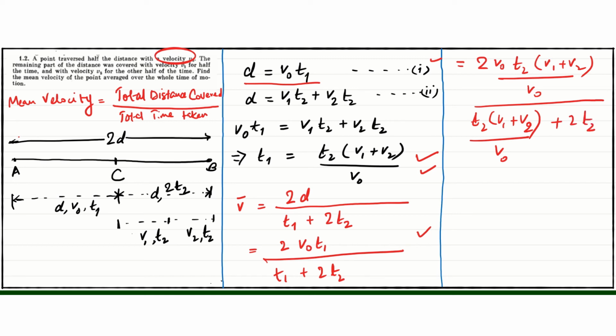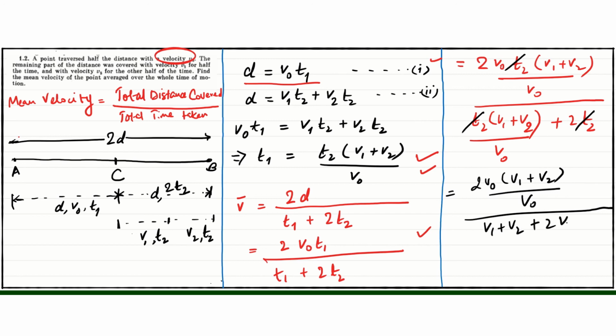Now we can find in this entire expression that T2 is common. So we're going to cancel that in the numerator and denominator. And we're going to simplify this a bit. So we get twice of V0 times V1 plus V2 divided by V0. This whole thing divided by V1 plus V2 plus twice of V0.